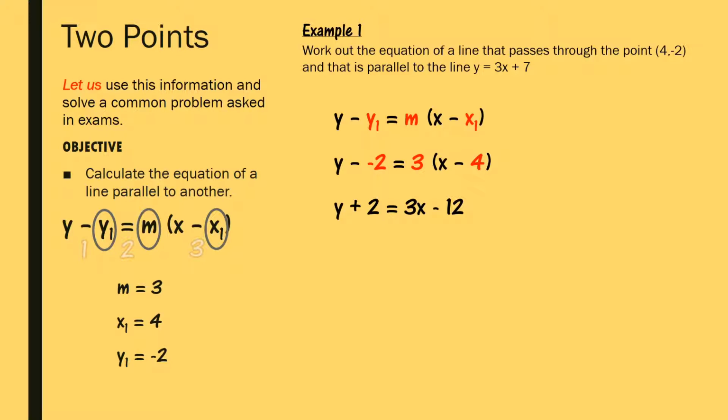The only thing that's left to do is take the plus 2, move it to the other side, so it becomes minus 2, and I'll end up with y equals 3x minus 14, and that is the answer to our question. They asked us to work out the equation of the line that passes through (4, -2) and that is parallel to y equals 3x plus 7. All good. And that is that objective covered.